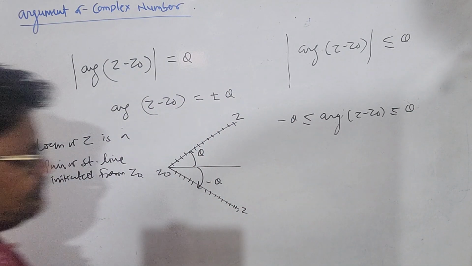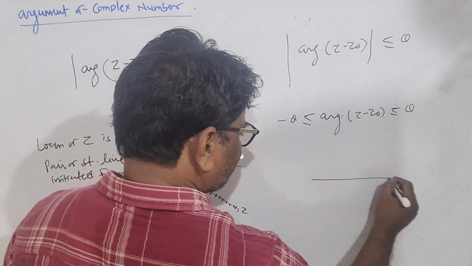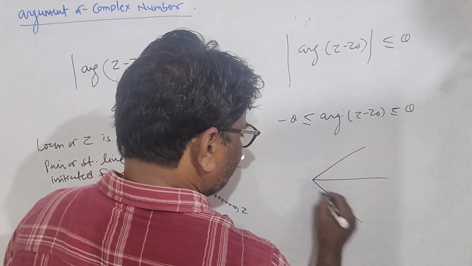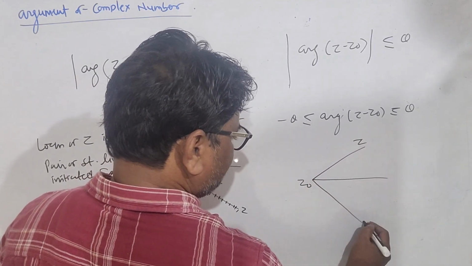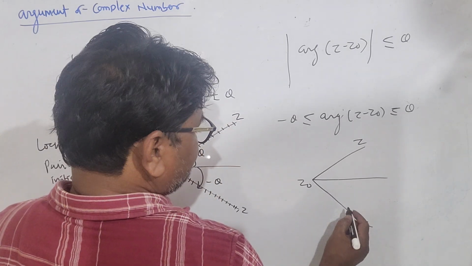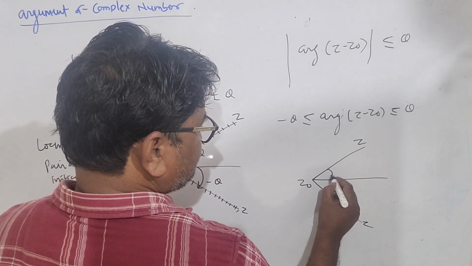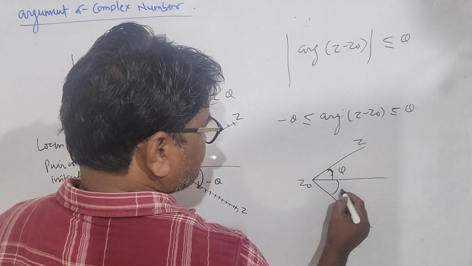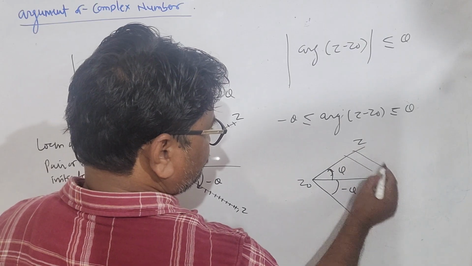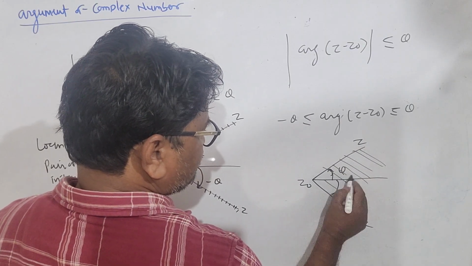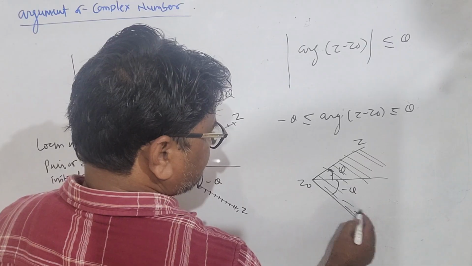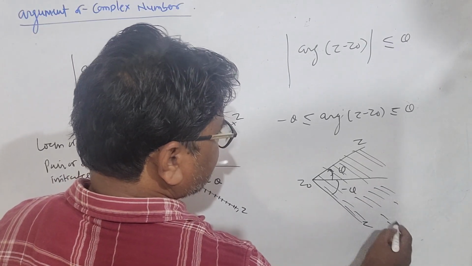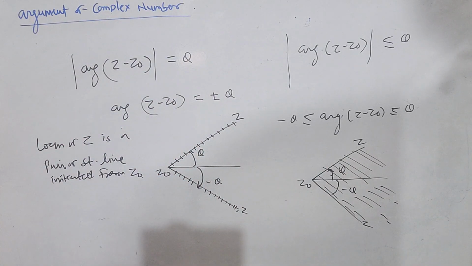So at this time, this is z naught, this is theta, this is minus theta. So this whole region, inside and on the straight lines, is the locus of z. In that way you have to think about it, correct?